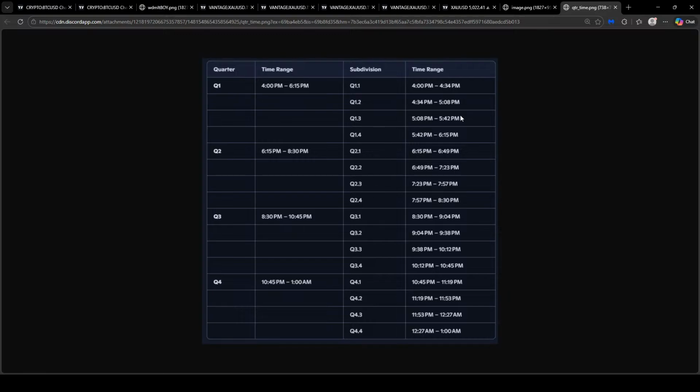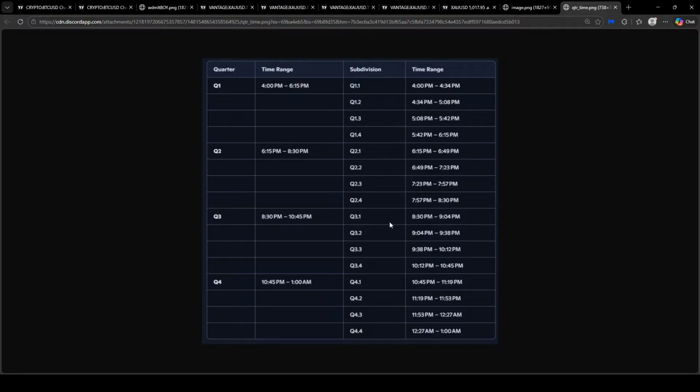For quarter 1, the best time window for finding a scalp trade, sub-quarters 2 and 3, will start at 4:34 and end at 5:42, while the scalp trade window for quarter 2 will start at 6:49 and end at 7:57.